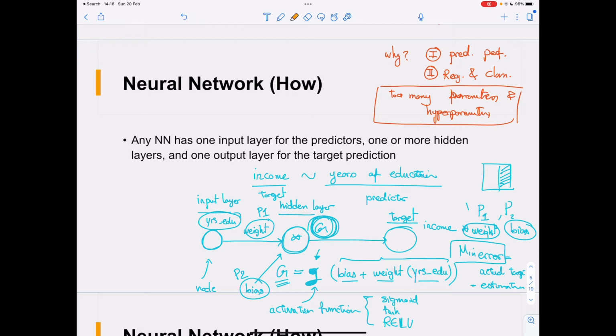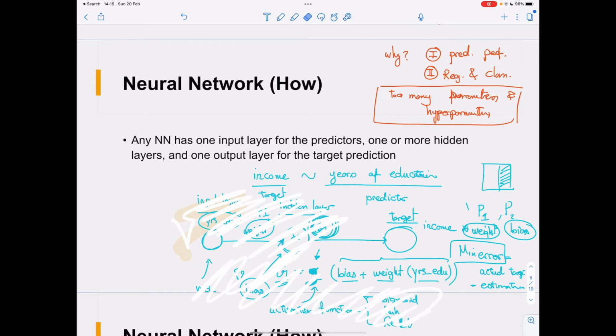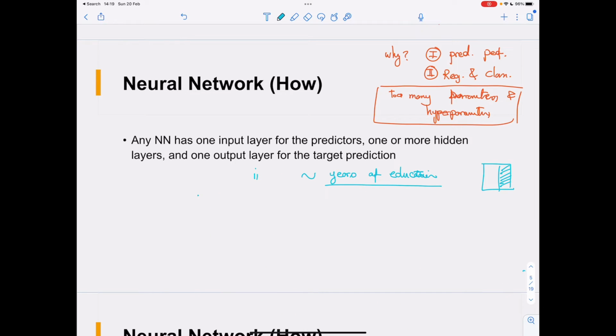Okay, so let me clean up everything and summarize it. So once again, let's review it. We have a target, which is income, and we have one predictor.